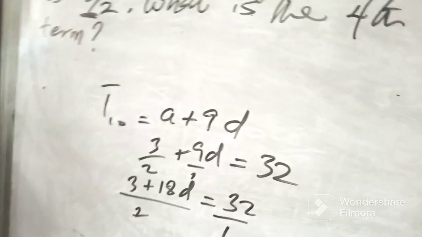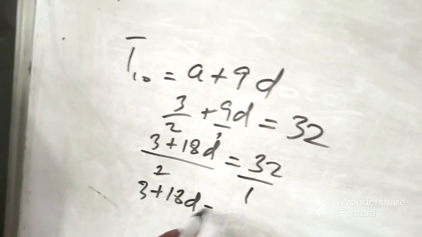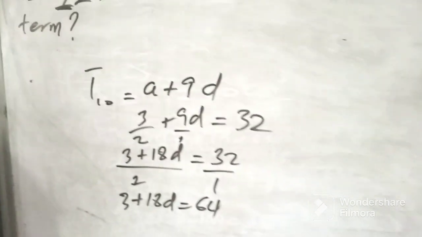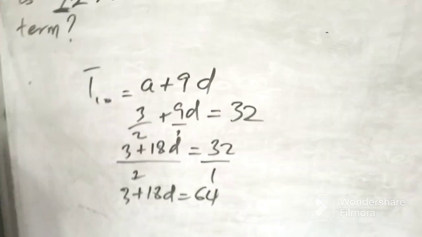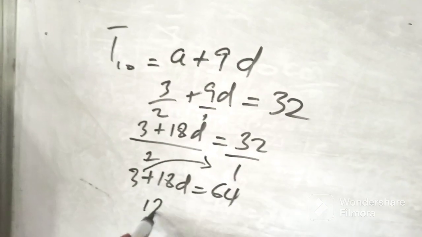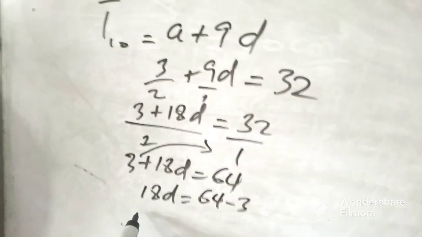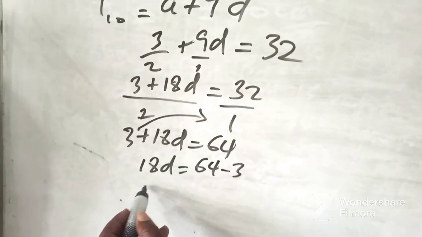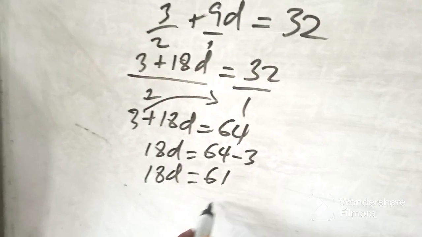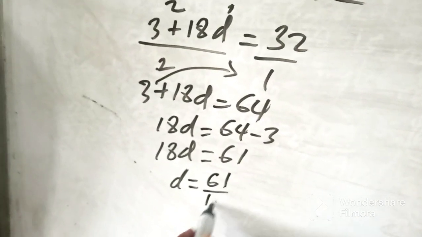Now if we cross multiply, we are going to have 3 plus 18d equal to 64, because 2 times 32 will give you 64. So if you take 3 out, you are going to have 18d equal to 64 minus 3. Then from here, you are going to have 18d equal to 61. Then d will be equal to 61 over 18.